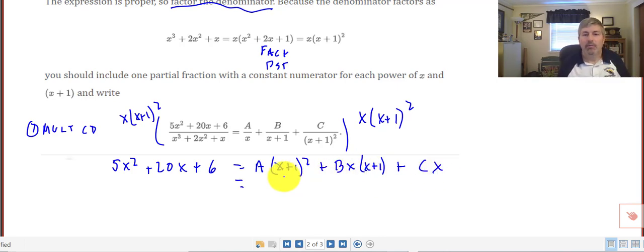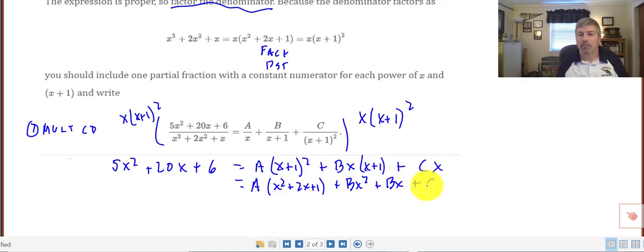So as I did in the previous sample, I'm going to have to multiply this out and simplify. So (x plus 1) quantity squared, I have to do that first. That is our perfect square trinomial, so I get a times (x squared plus 2x plus 1) plus bx squared plus bx and plus cx.